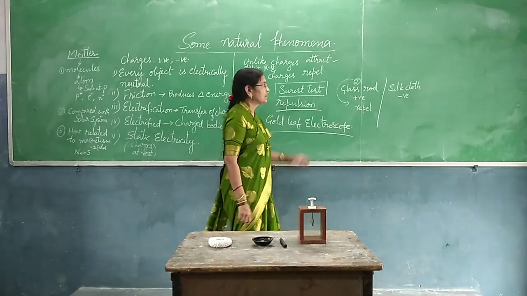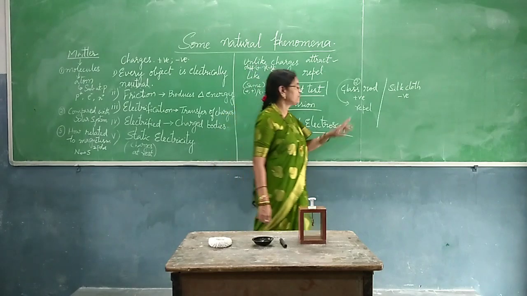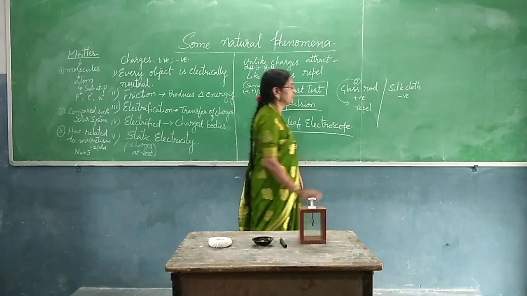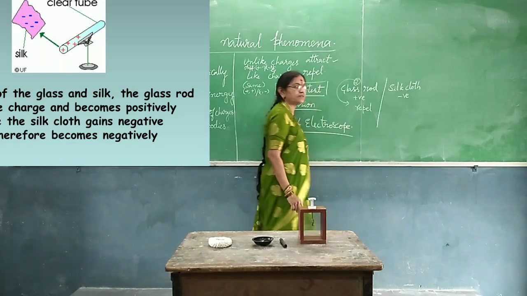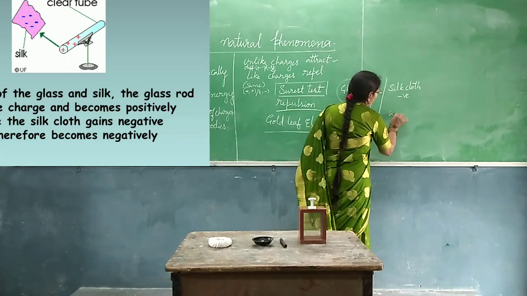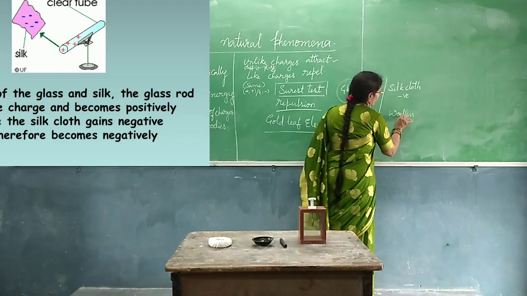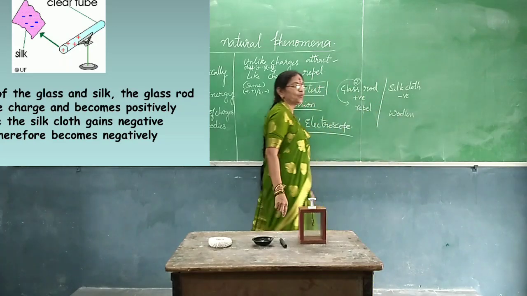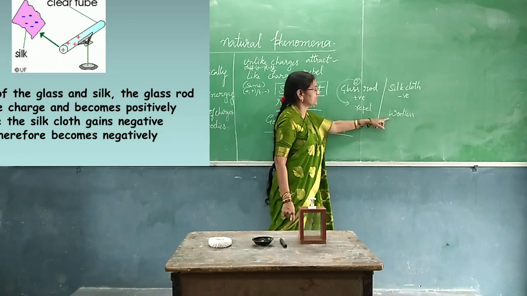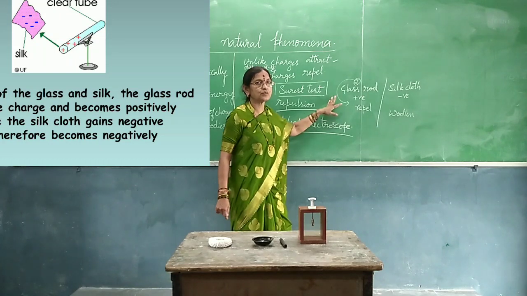Now you do one thing, take 1 glass rod and another ebonite rod, rub one with silk cloth and the other with woolen cloth, and bring them near, they will attract. Otherwise, take 2 glass rods, one rubbed with the silk cloth, the other one with woolen cloth, bring the 2 glass rods together, and check whether different charges are there or not.